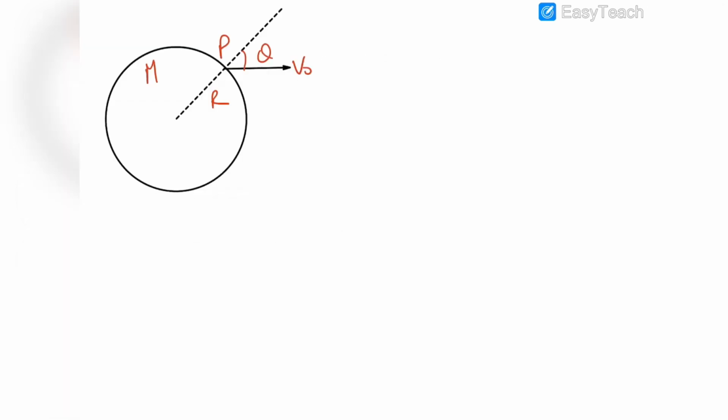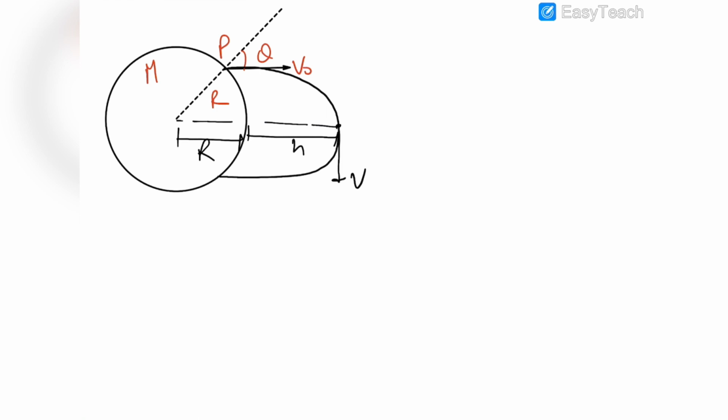Okay, so we know that this particle would go something like that, and at this position when its velocity would be perpendicular to this radius, then at this position the height would be maximum. So let us suppose that this is h and this is r. Okay, so this velocity will be v. Obviously v will change due to the force.